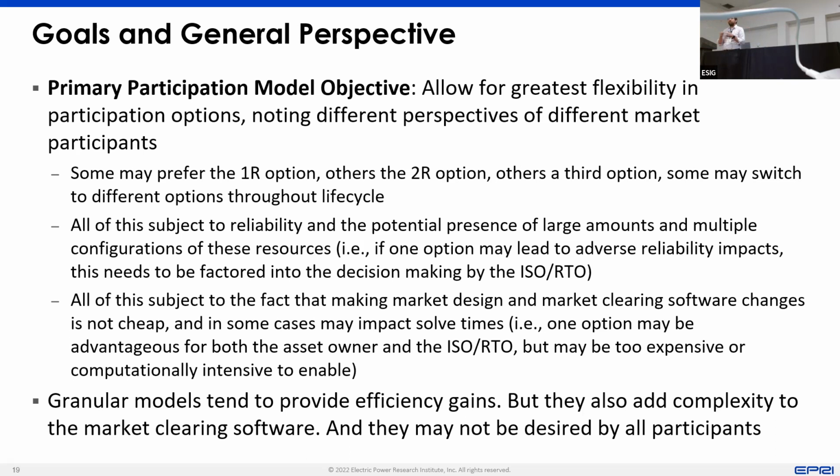And that's through plenty of research and analytics with plenty of caveats. But by having that granularity that is able to represent a technology and the parameters that make up that technology, there are sometimes substantial economic efficiency gains, which could also be reliability gains as well.